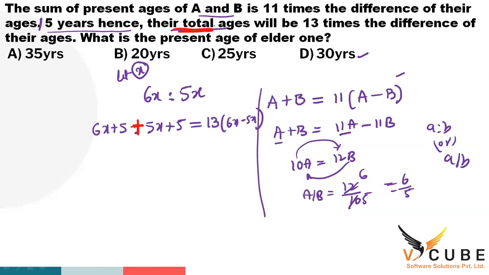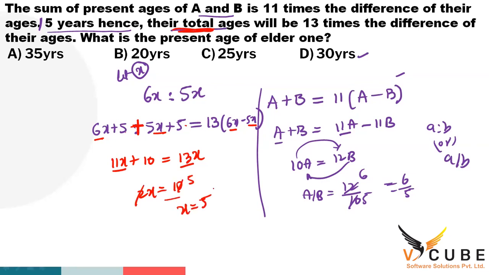So 6x and 5x, 11x plus 5 plus 5, 10, is equal to 6x minus 5x, x into 13, 13x. 13x minus 11x, 2x is equal to 10, and 2 5s are 10.